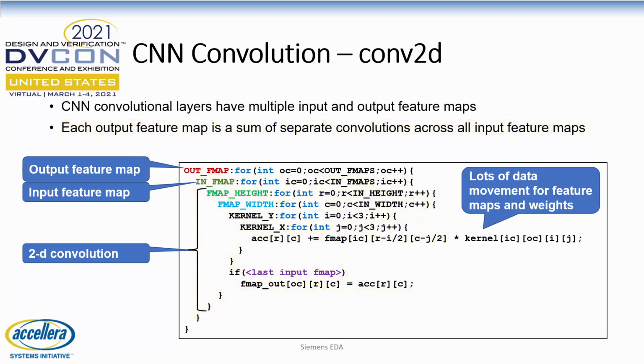So although the algorithm is very simple, it requires a massive amount of computation. The example here that illustrates the algorithm will not be ideal for a hardware implementation because of all the data movement that will be generated for the redundant reading of both the feature maps and the weights.